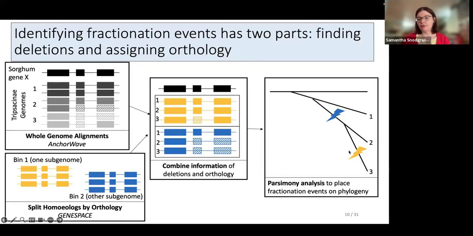And so that should be placed higher up on the tree as a private deletion. Whereas for homolog 2, which is in blue, we have deletions at exons 2 and 3 shared across species 2 and 3. And so that should be placed deeper into the phylogeny such that it is shared by 2 and 3.